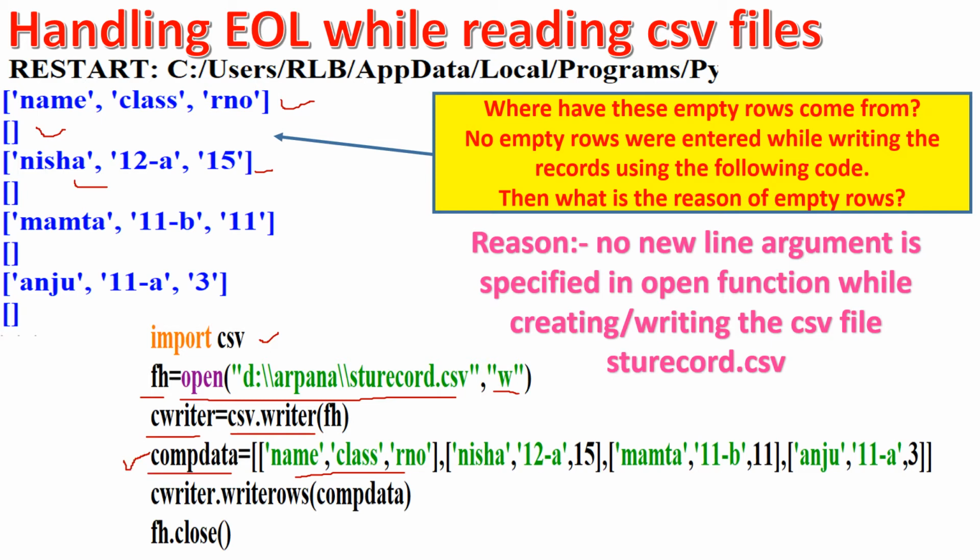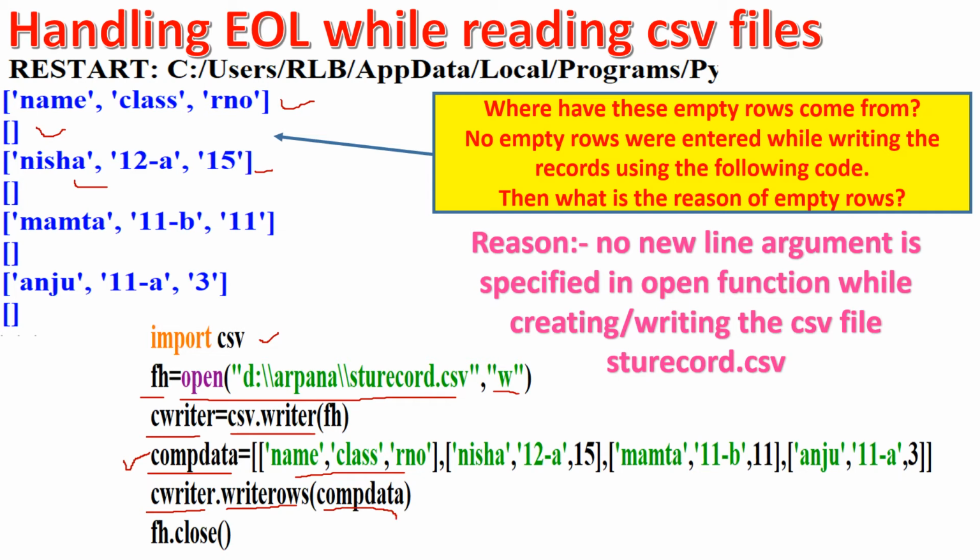Now to write all the rows together, you have to use the writerows function, which is a member of cw writer. So cw writer dot writerows is how the writerows function is invoked, and you pass the data as argument.